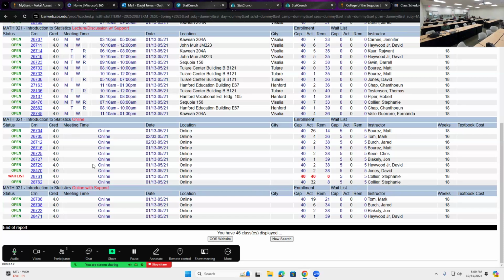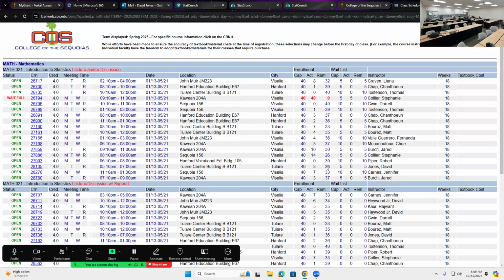So rather than face-to-face classes being less than 40%, administration has it where online classes are less than 40%. Some of these have already filled, and registration's only gone on a week. Couple of these are close to filling up. Oh wow, we actually have a face-to-face at school. She is the most liked teacher in mathematics on campus. I couldn't tell you why, I've never taken her as a student myself. She's either phenomenal or easy, that's usually what that means. Hopefully it's phenomenal.